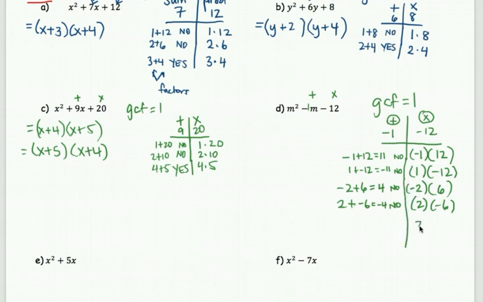Okay, so 3 and 4 also work to make 12, but again, one has to be positive, one has to be negative. Okay, so all of these will work to make -12, but we still haven't found one that will add to make -1. So let's add these ones now.